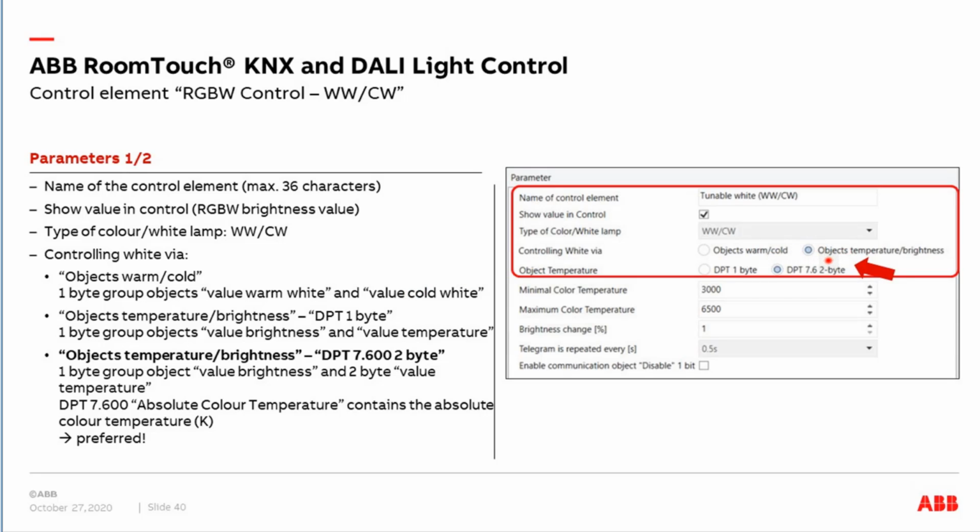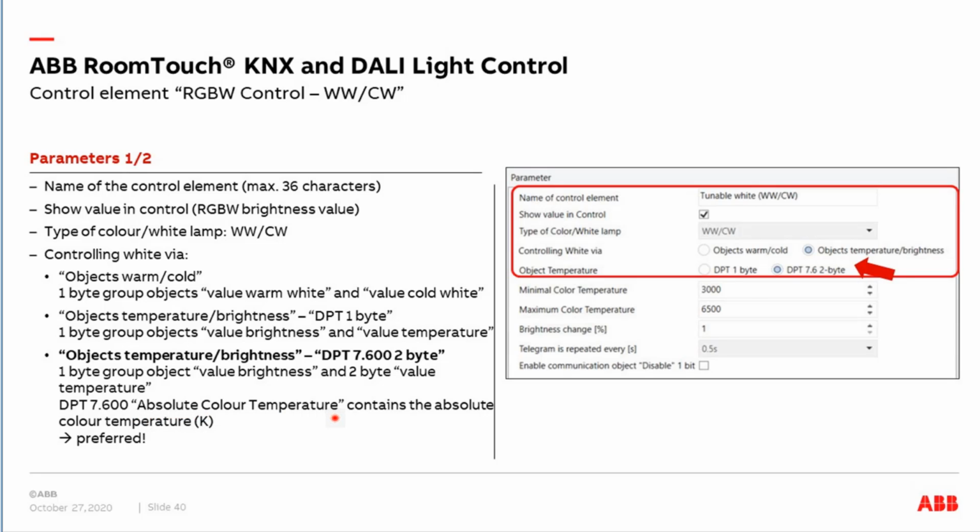Another possibility is to use the object's temperature brightness. Then we get again two objects, one byte group objects for the value brightness and for the value of the temperature. Or the preferred solution is to use the data point type 7.600. This is a special data point type specified by the KNX Association for temperature control, the so-called absolute color temperature.